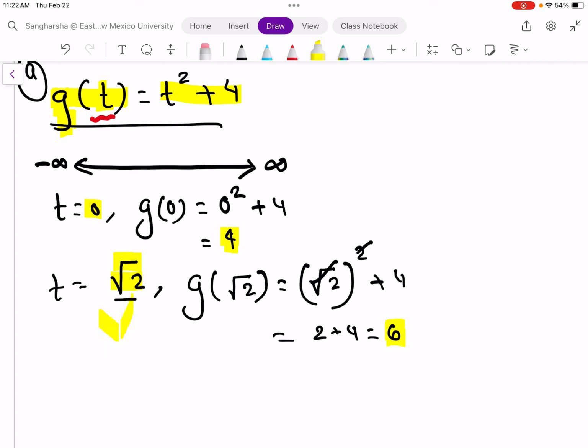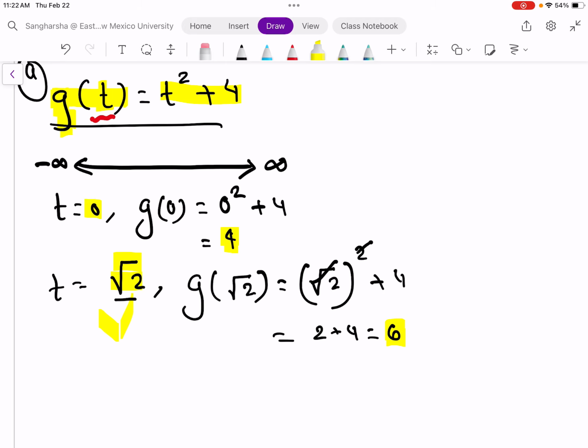So you're going to list every possible value for t that gives us an output, and all those values for t which give us the output are the domain for this function. Now can we choose any number from the real numbers as a value for t? We can, right? So it means every real number is a domain for this function g.